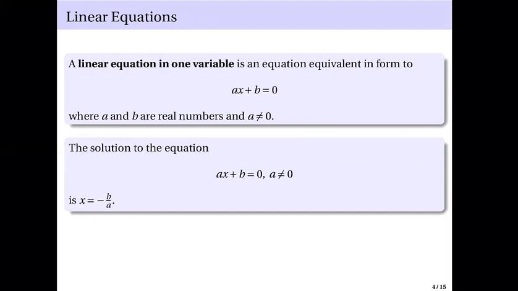So I mentioned earlier, we will have some linear equation. We will transform it to this form, and then from this form, we will be able to transform it to this form.